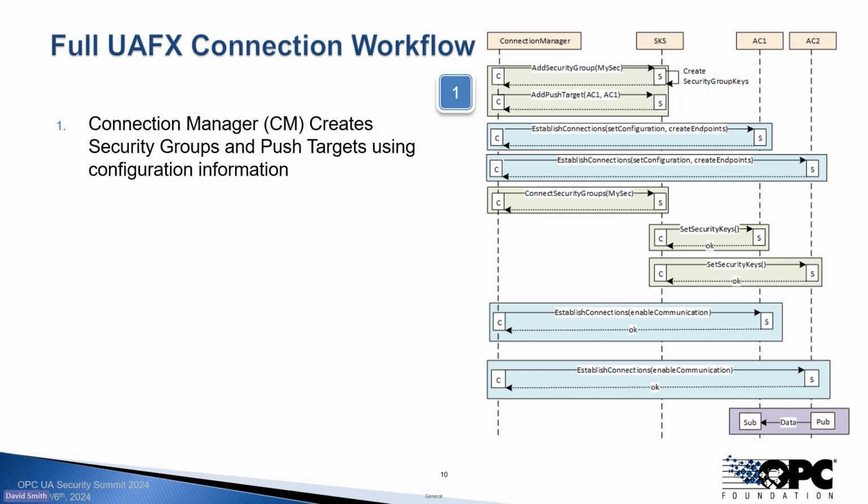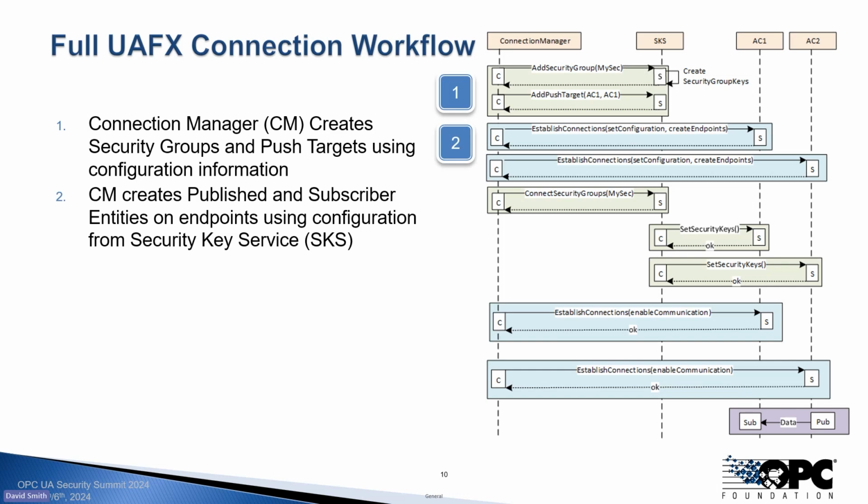It already knows all this information. When creating the security group, we get back a little bit of information about the security group, mostly the security group ID and some other stuff, and that is actually used during the configuration of the PubSub connection, which the connection manager does next. It uses the established connection methods to create and configure the PubSub information on the endpoints.